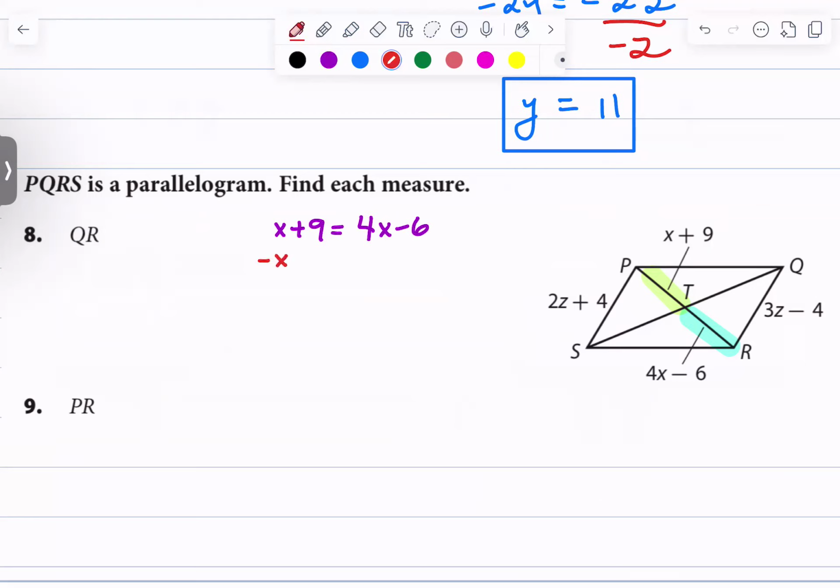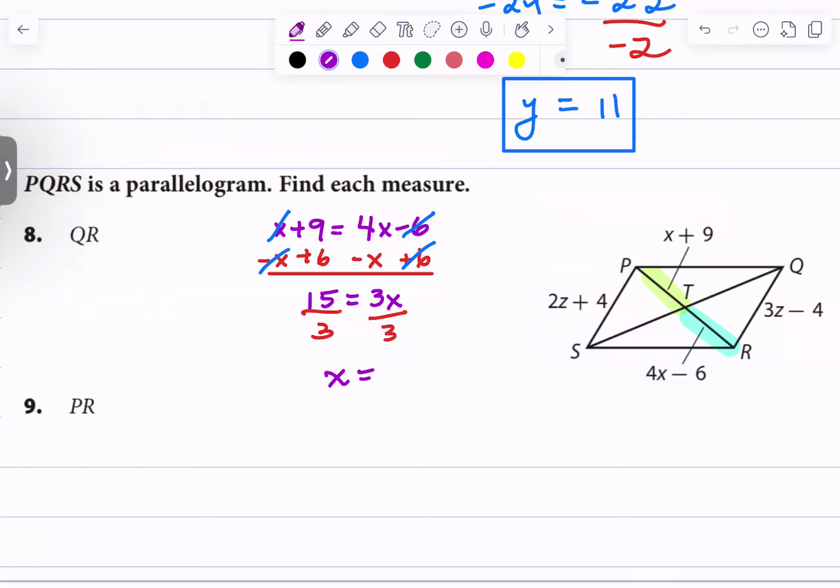I'm going to subtract x. I'm going to add 6. Okay, again, killing 2 birds with 1 stone. Doing that would eliminate the x from my left-hand side and eliminate the 6 from my right-hand side. So we have 9 plus 6 is 15 equals 4x minus x is 3x. Divide by 3, divide by 3.